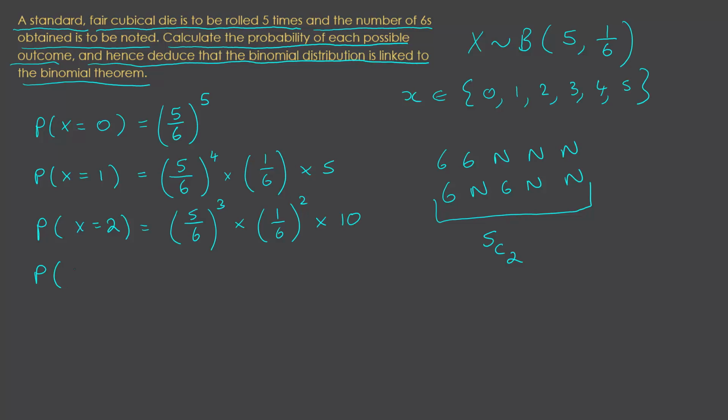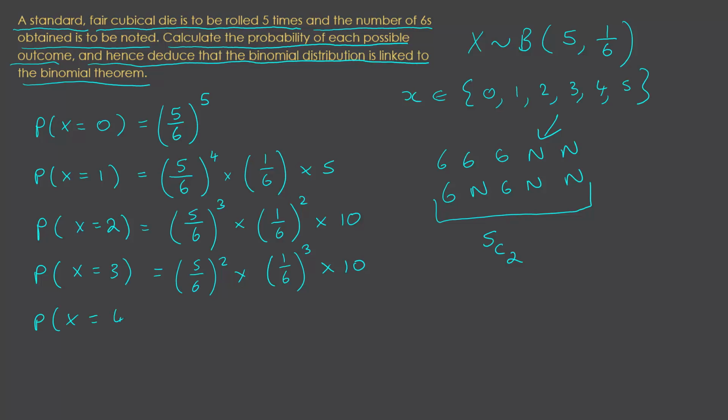Now the others are symmetrical to those. So for 3, we're going to get 5/6 squared times 1/6 cubed. And clearly that's going to be multiplied by 10 because it's this situation, but just with one of the nots replaced with a 6.